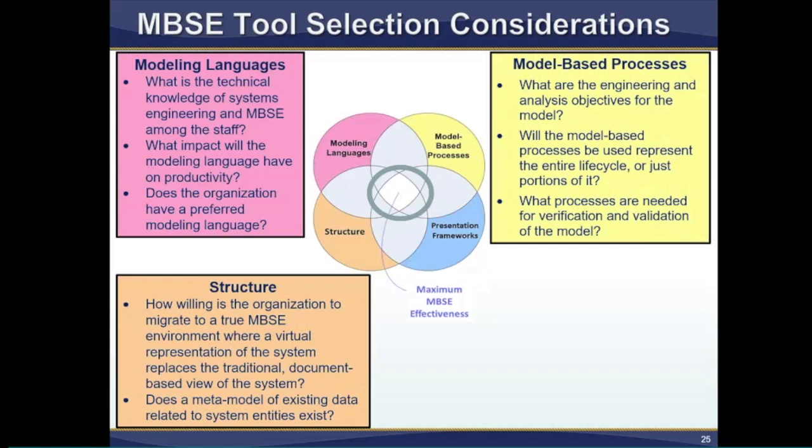And structure. How long is the organization willing to take to migrate to a true model-based systems engineering environment where the system is represented virtually instead of via documents and diagrams and spreadsheets? Are we willing to move that? And does metadata of the system already exist?